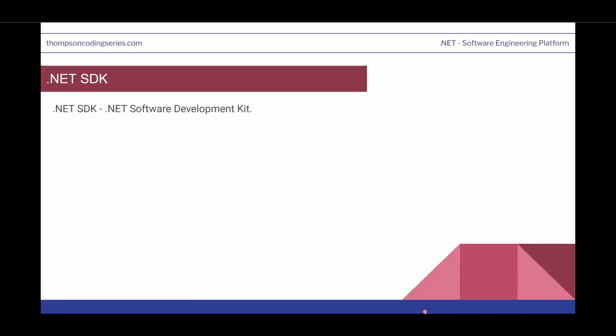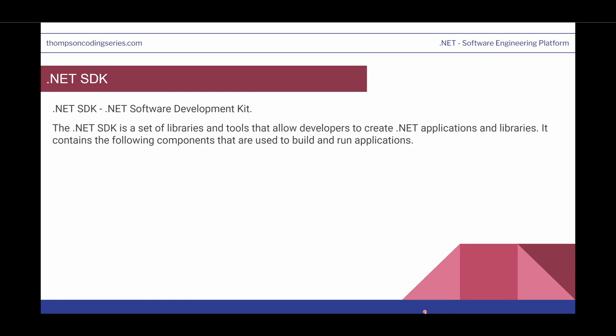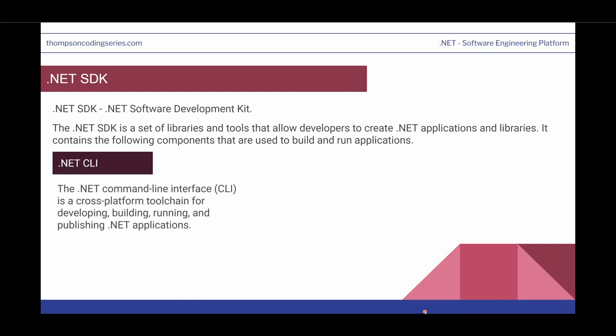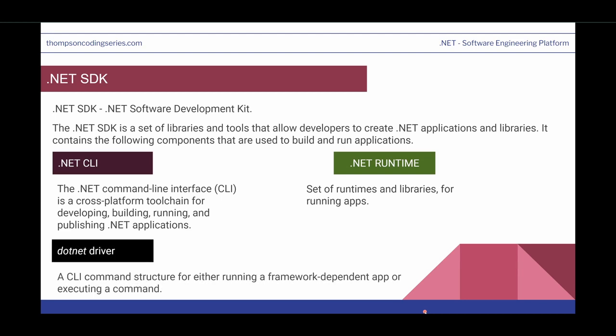The .NET SDK contains a set of libraries and tools that allow developers to create .NET applications. The CLI is a component of the .NET SDK. The runtime is also part of the SDK, and the .NET driver is the CLI command structure for either running a framework-dependent app or executing a command in the .NET ecosystem.